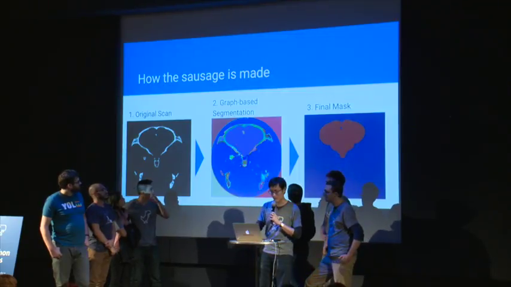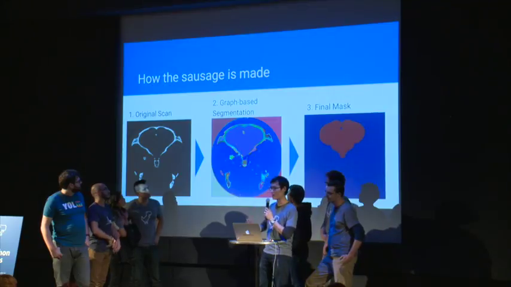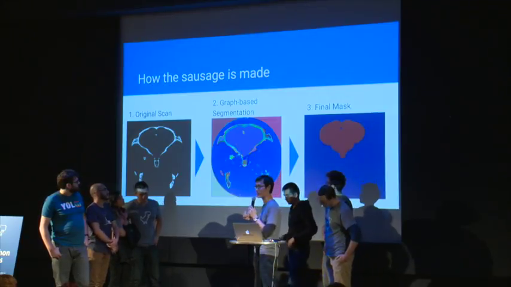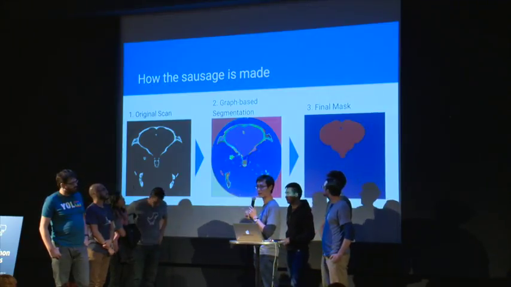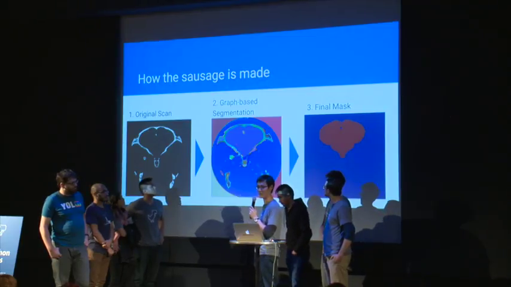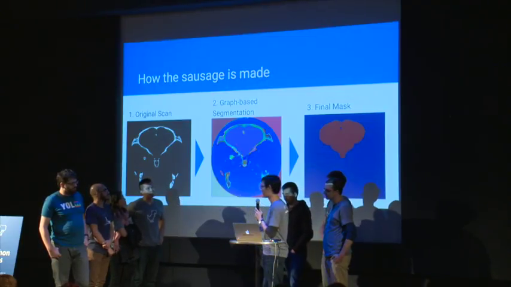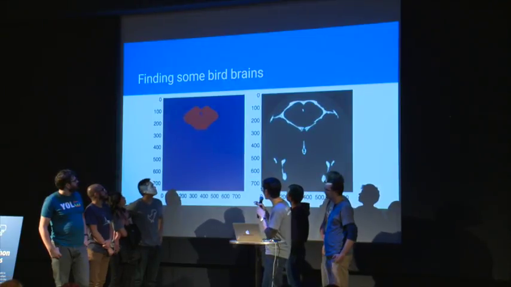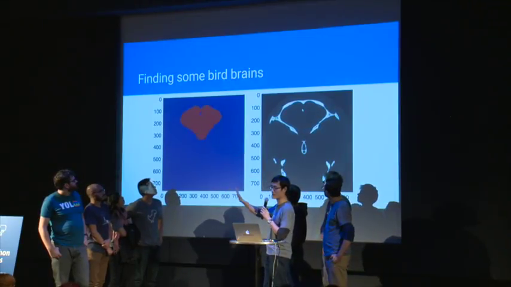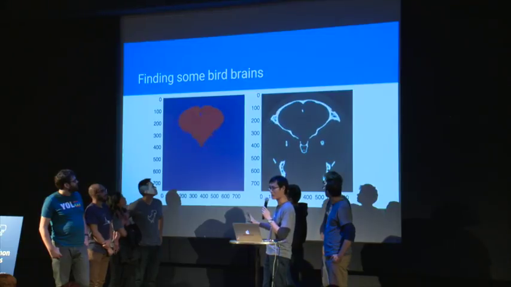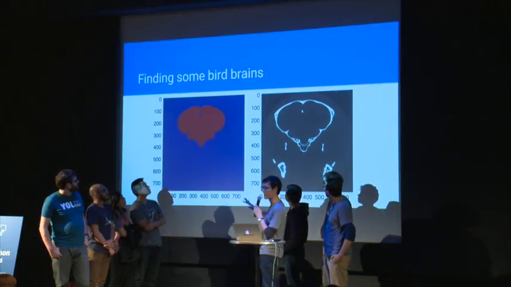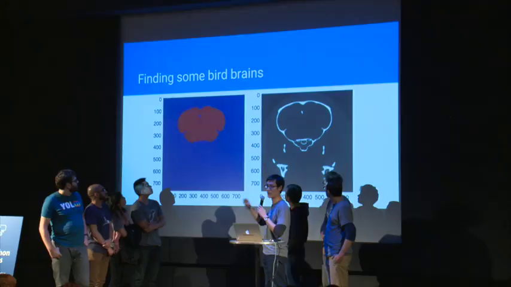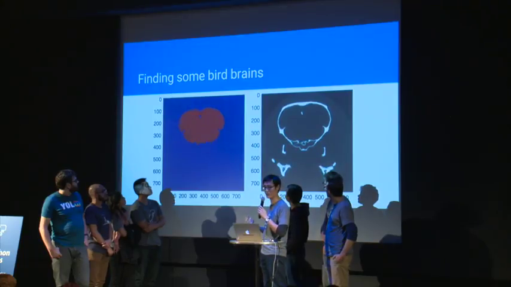The way we did this was we required that a human pick out what the brain is for one of these images. We're not expecting to be able to tell a computer what bird brains look like. Then we looked at every single adjacent image, ran the same segmenting algorithm, and looked for a region that looked like the one the human picked.